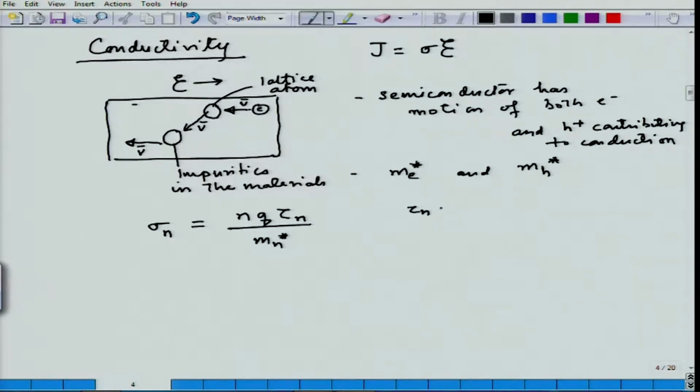Tau n is the average time between collisions, which are the scattering events in the path of electron motion. And as we described, these collisions can be due to the lattice or to the impurity atoms in the material. Similarly, a hole in this material will have a similar path.